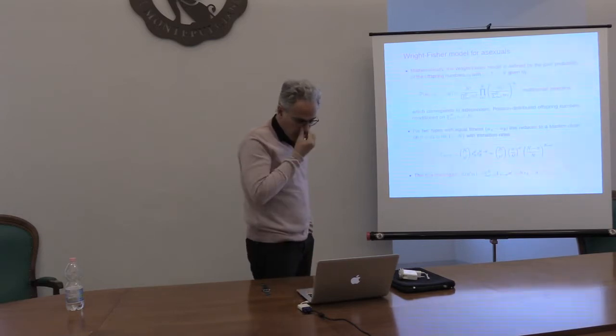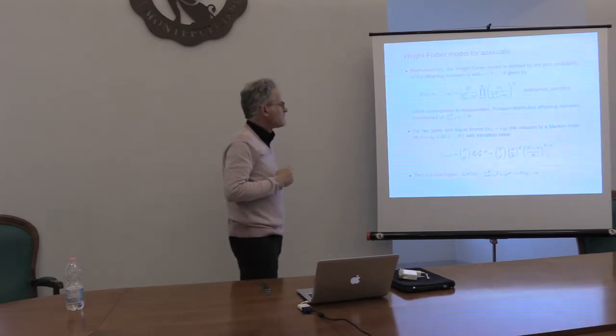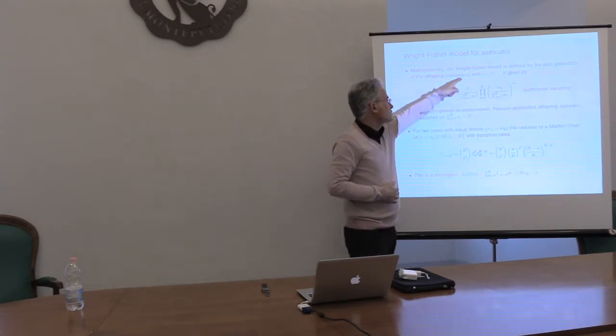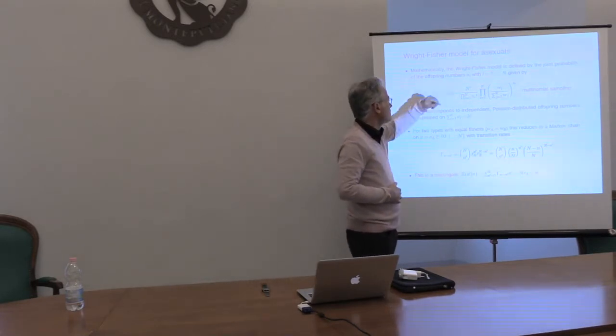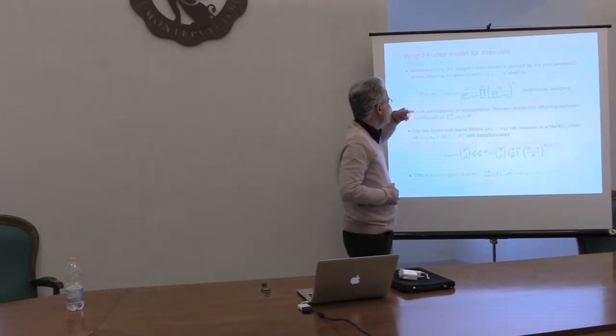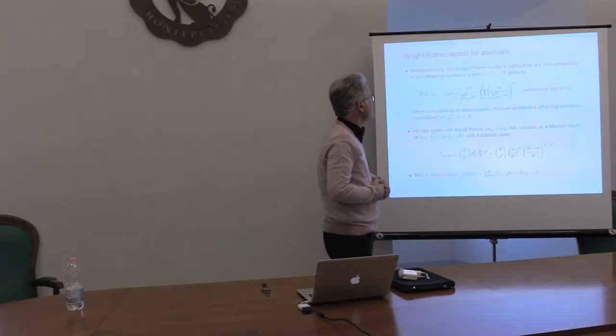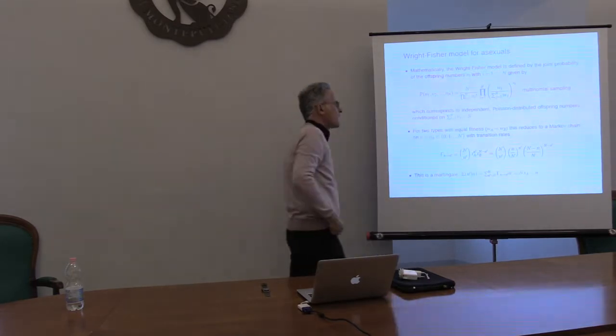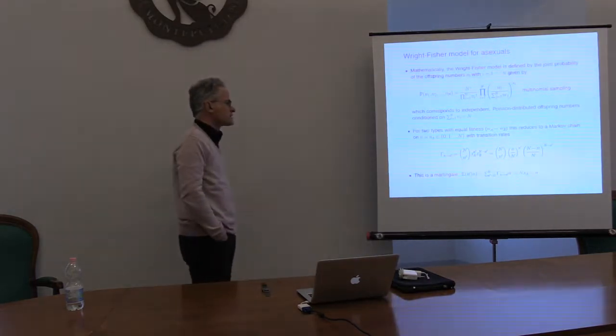If you formulate it in mathematical terms, you can say that each individual has a certain number of offspring in the new generation, which I call N_i, and then the basic definition of the model is in terms of the joint distribution of these offspring numbers, which is just multinomial sampling with these weights given by the fitness values.